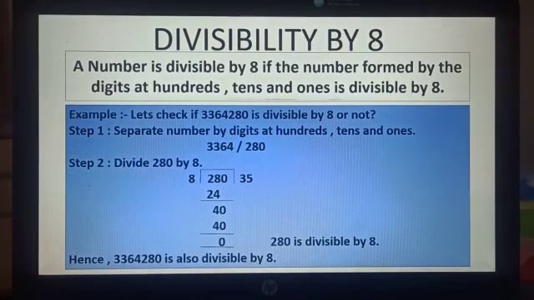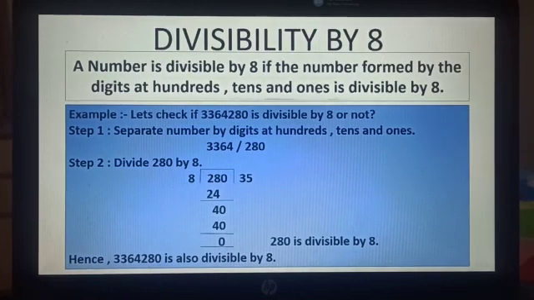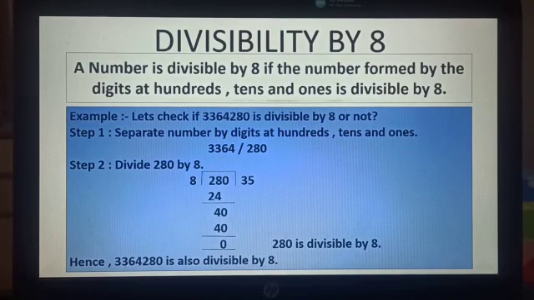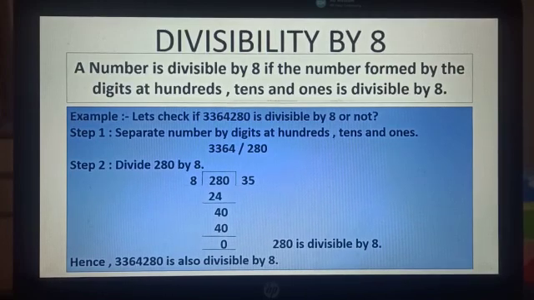Now we will discuss divisibility by 8. A number is divisible by 8 if the number formed by the digits at hundreds, tens and ones is divisible by 8. Let's check by example. Let's check if the given number is divisible by 8 or not.